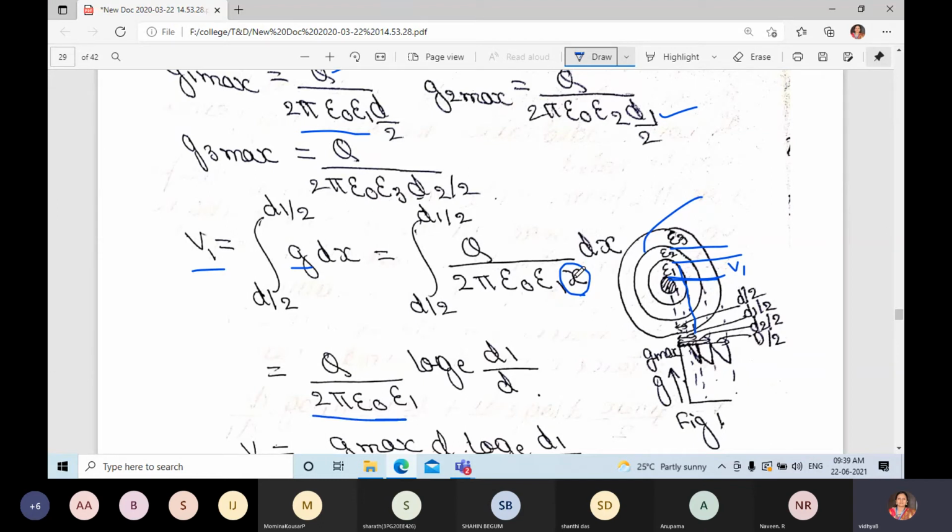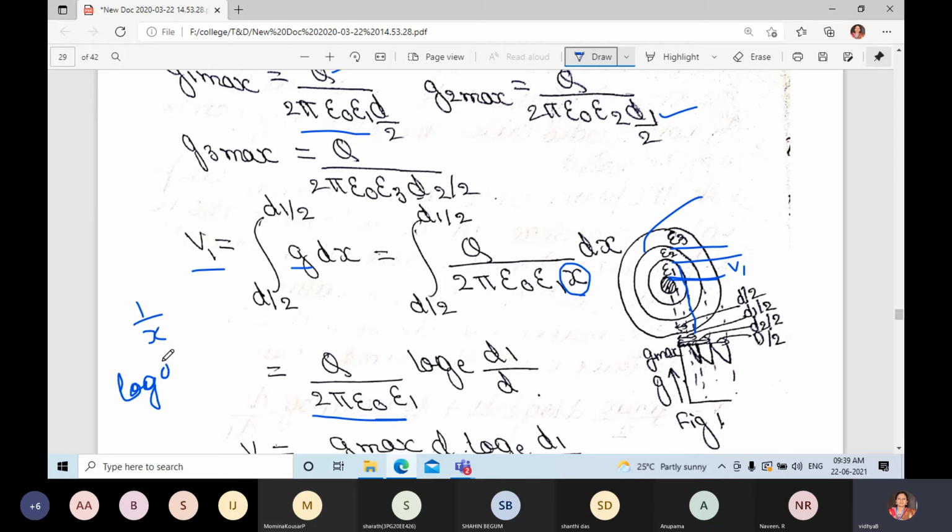So log x, when you apply the limit, log d1 by 2 minus log d by 2, you will get. When you integrate 1 by x, you will get the log x, right? Log x. When you apply the limit, what you will get?